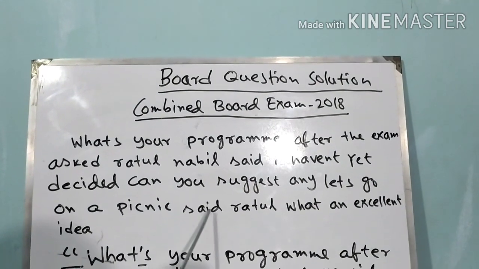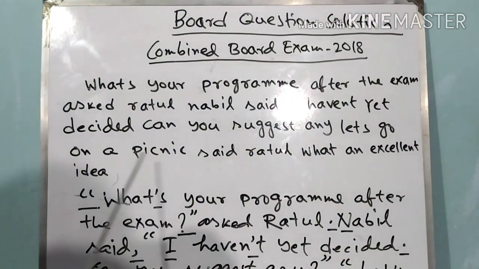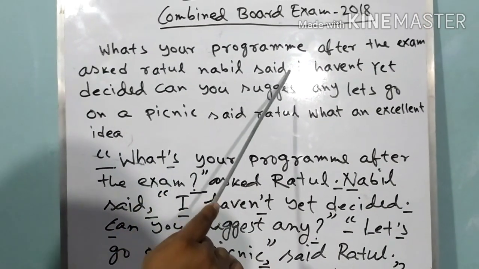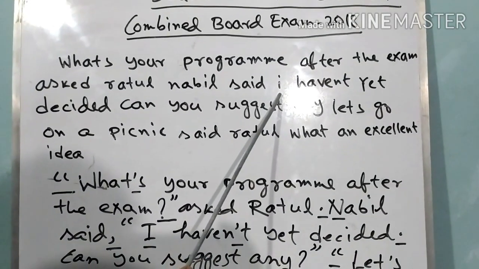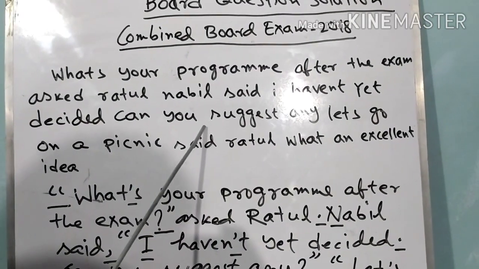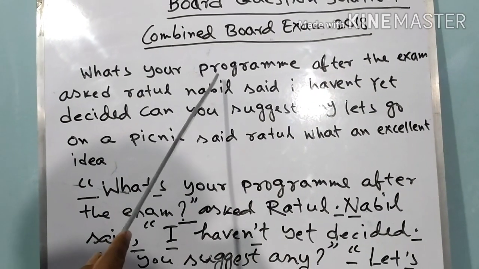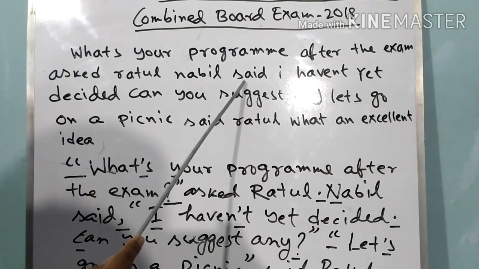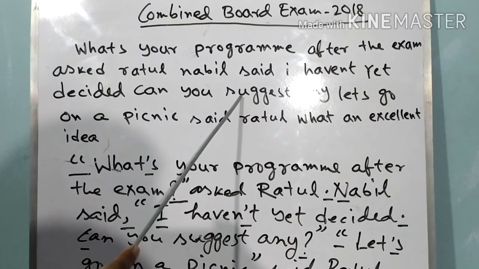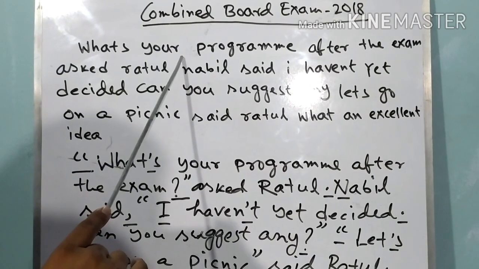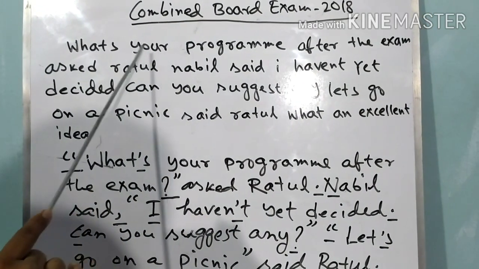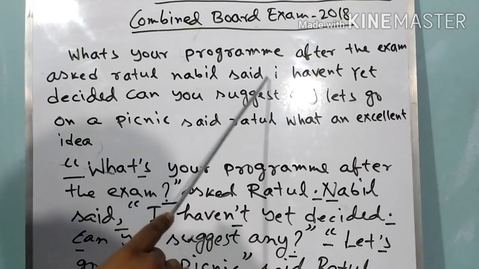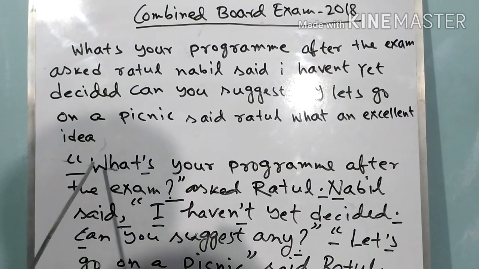Let's go on a picnic, said Ratul. What an excellent idea. Students, here you see there are no punctuation marks and sometimes there are no capital letters. Firstly, you have to assume what kind of sentences these are. Actually, there are some reporting verbs here, asked, said. So for that reason, I can assume that there will be use of inverted comma here, because these are examples of indirect narration. So let's go to the answer, students.